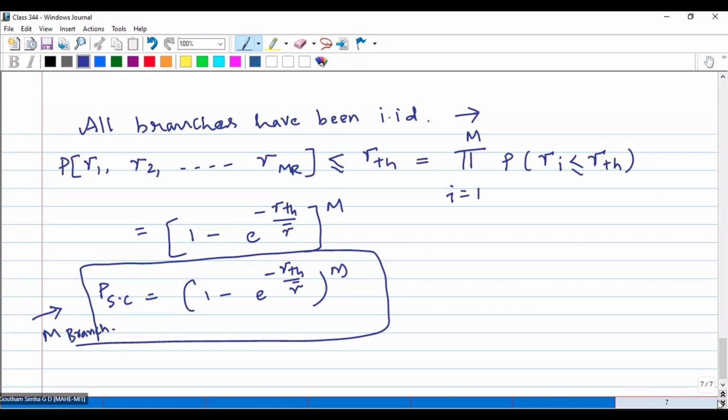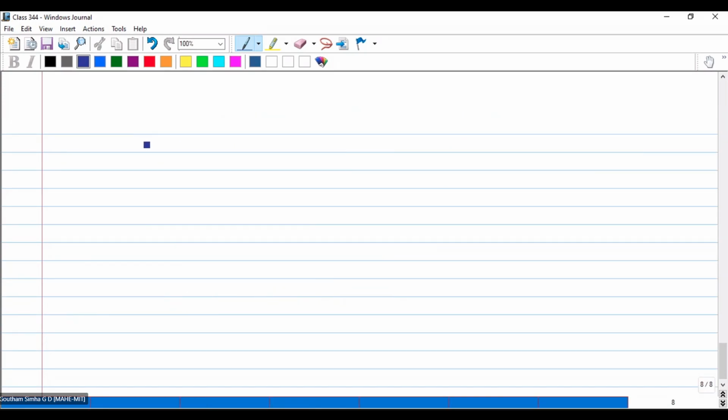The probability of coverage is nothing but 1 minus the outage probability of your selection combining. So if you want to calculate the probability of coverage, it is simply the probability of gamma i greater than gamma threshold. That is 1 minus of P SC.